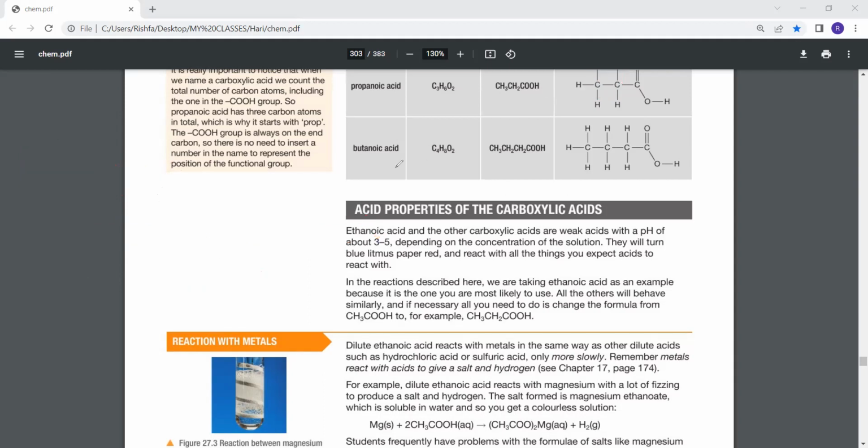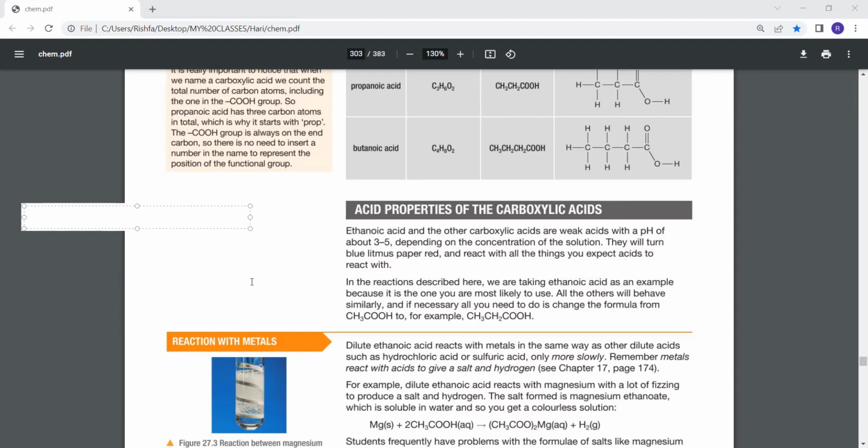So, carboxylic acids. Acids are not simply substances which contain hydrogen. H2O also contains hydrogen, and that doesn't make it an acid. Any substance which can dissociate and release hydrogen ions in water is an acid.